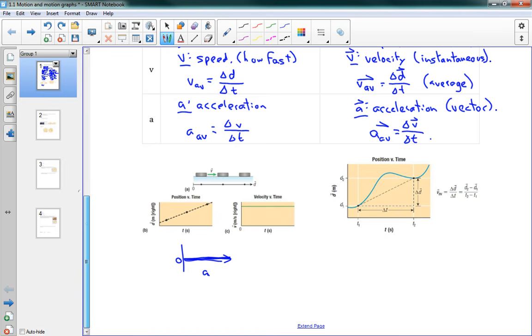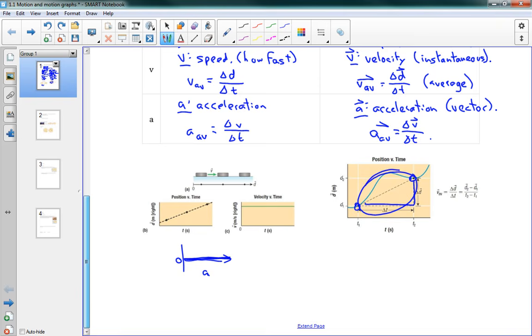Okay, now this second graph over here, you can see that we're looking at a pretty curvy position time graph. So we still have position and time. We can see that our position is changing quite a bit. Now, if we want to just find the average speed over some time period here, all we need to do is take this position and do our delta d over delta t.